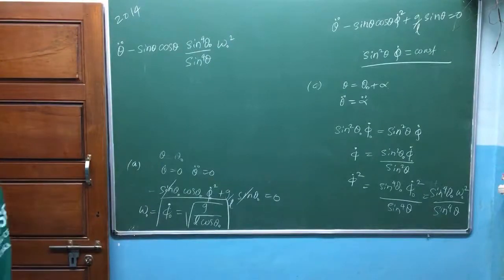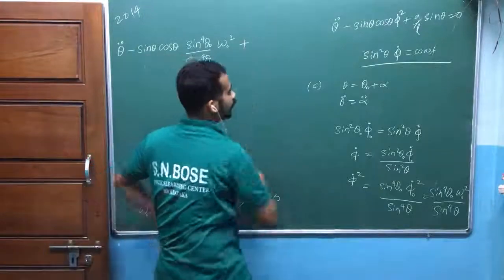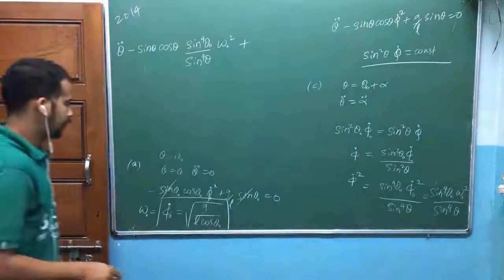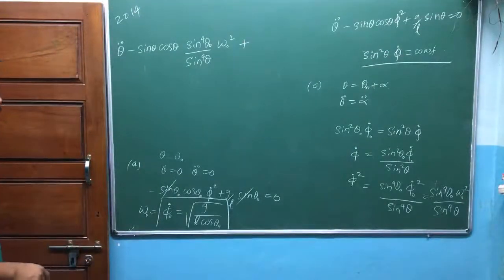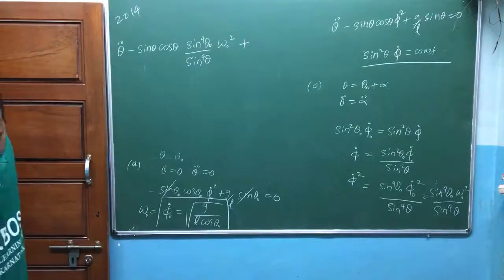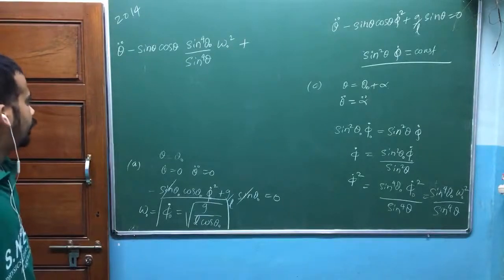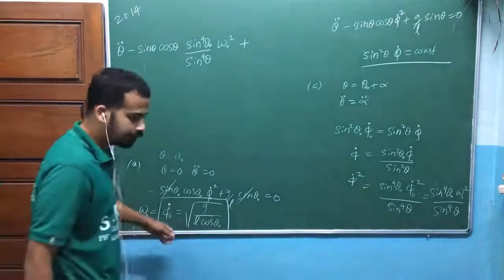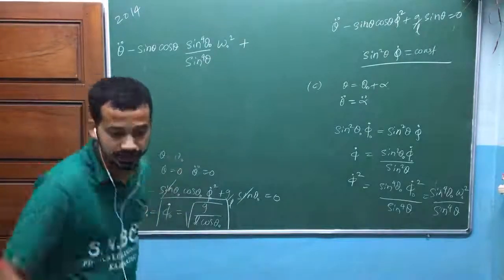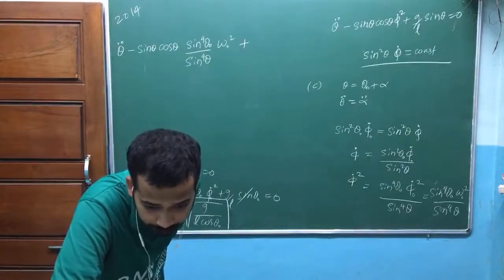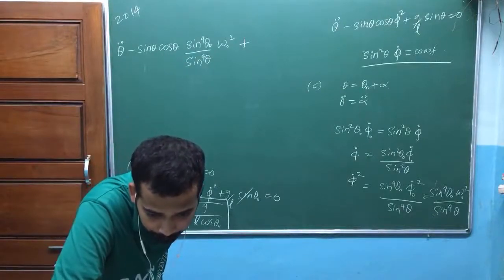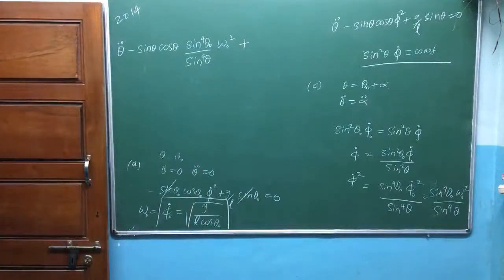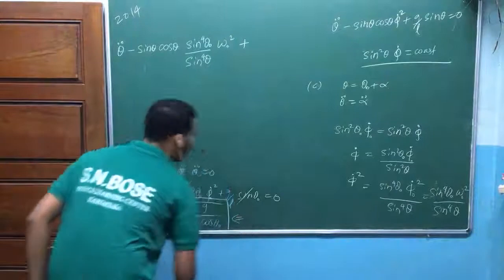Omega naught square plus, what is the next part? G by L sine theta. Am I right? G by L also I am going to write in terms of omega naught, because that is needed in a later step. That G by L, I am going to solve it from this part, or you can keep it as it is.